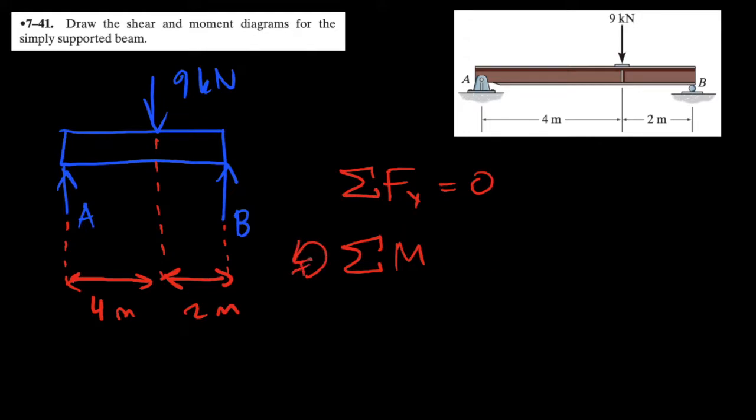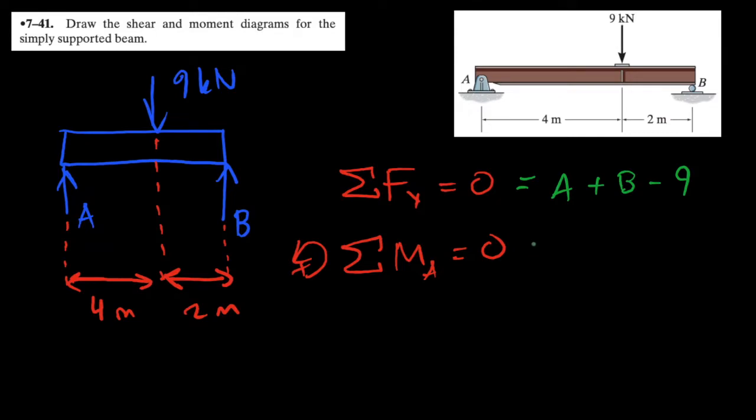And let's pick a point to calculate our summation of moments about. Let's pick point A, and that is equal to 0. Now, let's solve these equations. What is our total summation of forces in the vertical direction? So we have force A plus force B minus 9 kilonewtons.